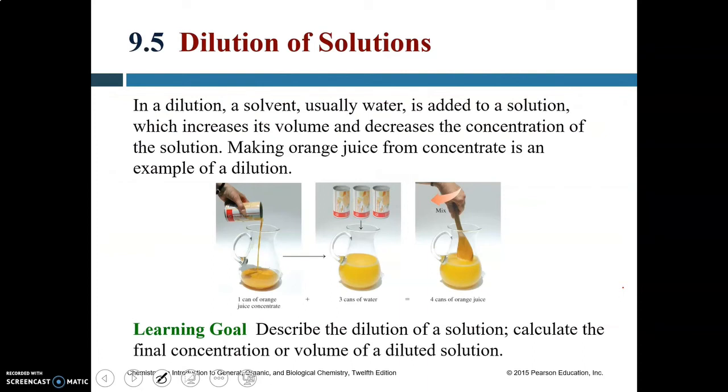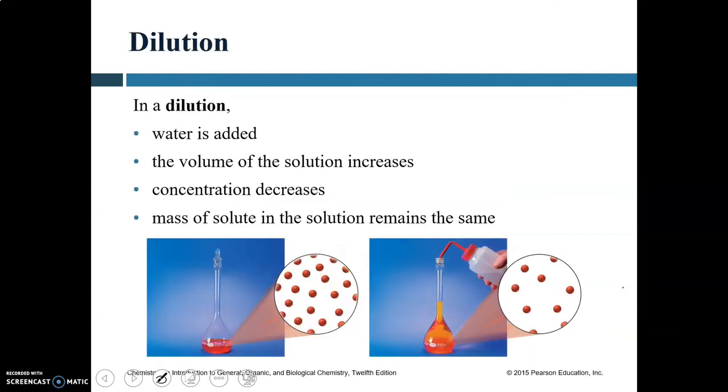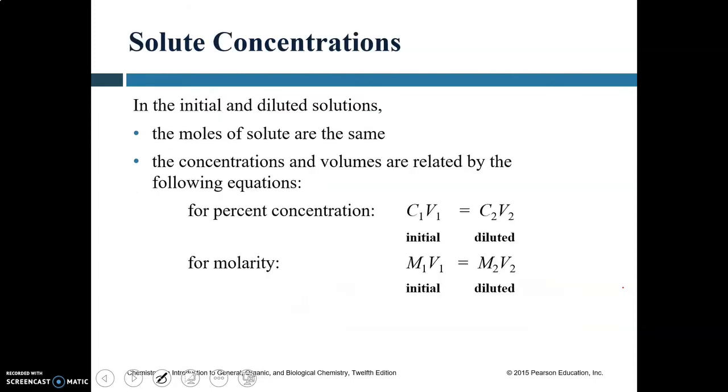Now, often solutions have to be diluted. For instance, when you make orange juice from concentrate, you essentially dilute the solution. In dilution, water is added to the existing solution and the volume of it increases. As volume increases, concentration decreases, but the amount, the mass of solute in the solution remains the same. So moles of the solute are the same.